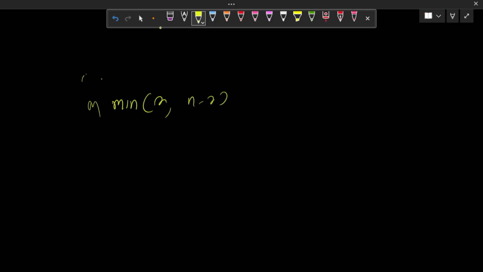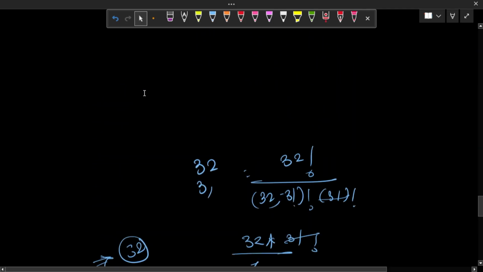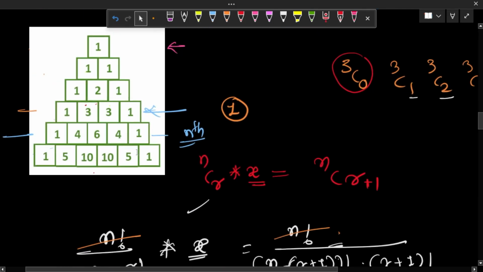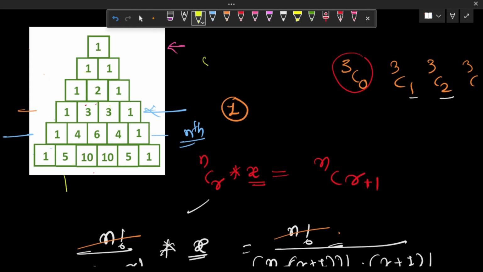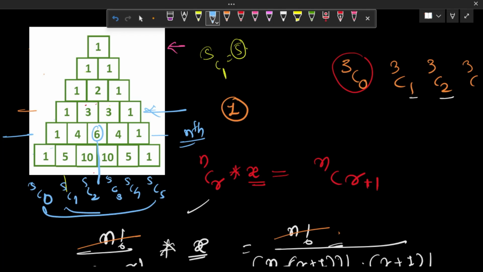If you look clearly at the Pascal triangle, there is a clear observation: the values repeat. 5C1 is 5. 5C0, 5C1 and 5C2 are the same as 5C5, 5C4 and 5C3.